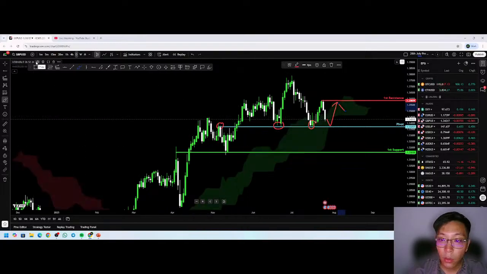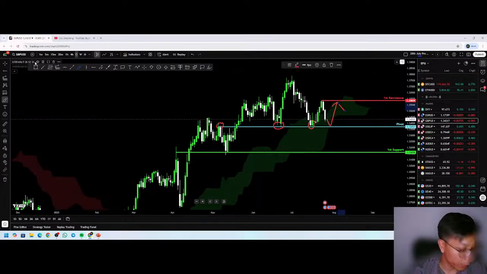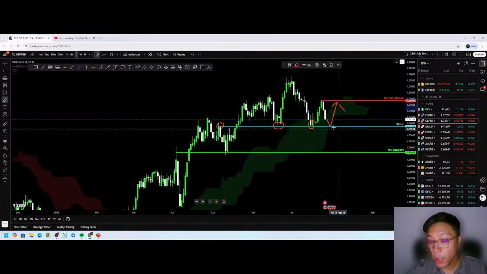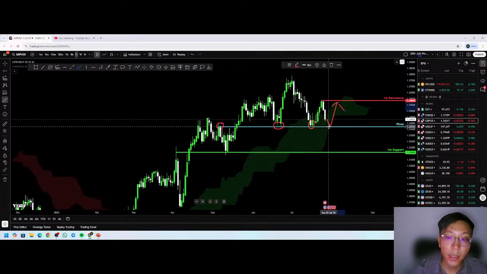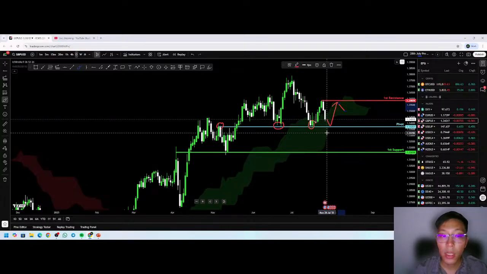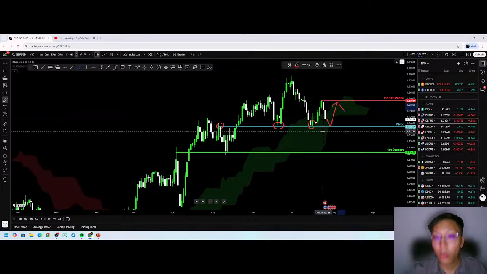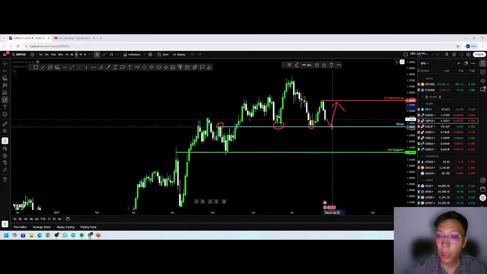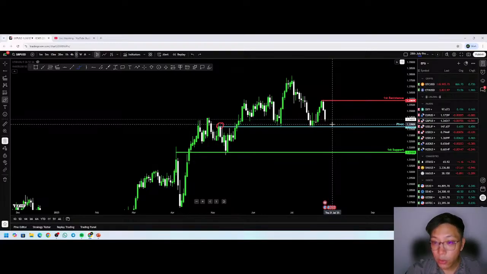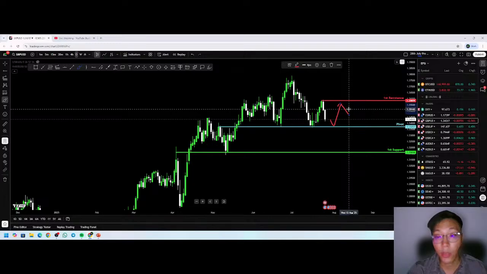Because you can see right here, if I turn on the Ichimoku indicator, we can see that it is still within this bullish Ichimoku cloud area. So if it is still within this bullish Ichimoku cloud, there is a higher possibility for it to have a bounce upwards towards this first resistance area.